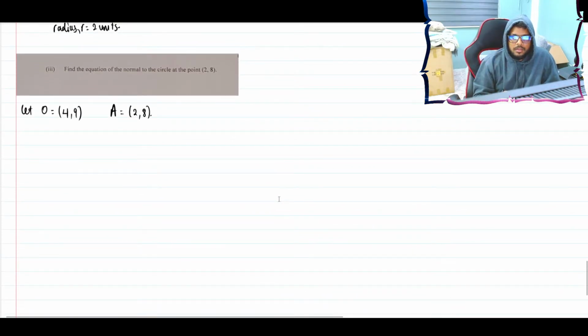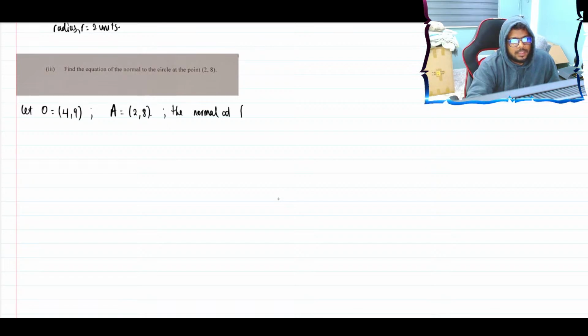The normal is parallel to a radius. Parallel lines have the same gradient. So if I calculate the gradient of OA, I am going to get the gradient of the normal at the point (2, 8). I will let the normal at (2, 8) be L1.